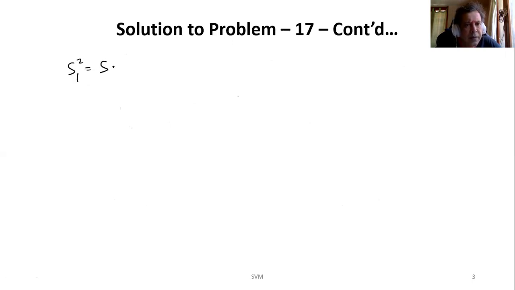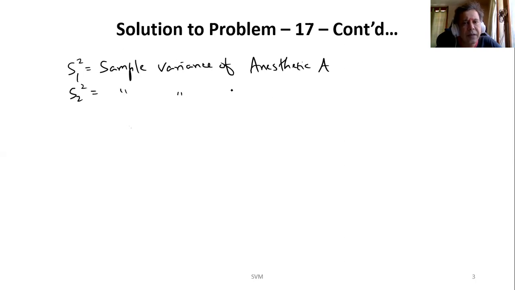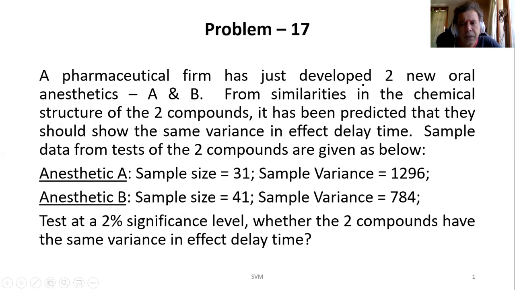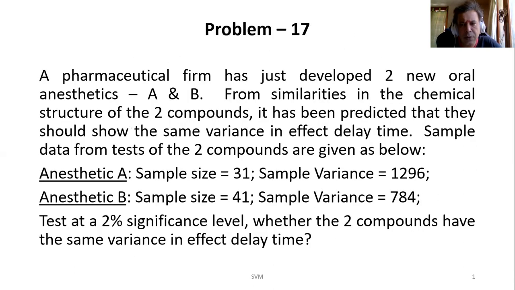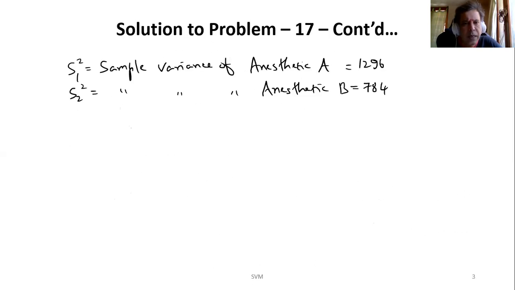S1 square is the sample variance of anesthetic A, and S2 square is the sample variance of anesthetic B. Both are given in the question, 1296 and 784.